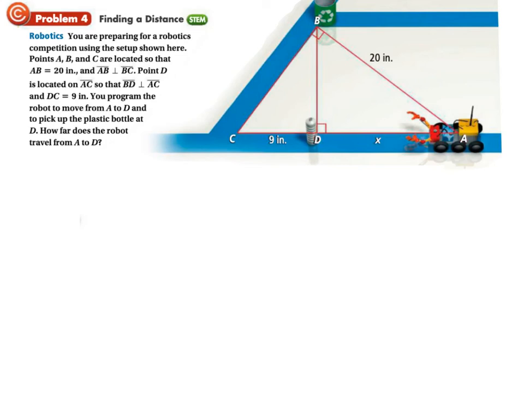Well, puzzling it out, remember when we're dealing with legs and hypotenuses, what we want to use is corollary 2, which is that you take this hypotenuse over this hypotenuse. x plus 9 over 20 equals 20, the long leg of the big triangle, over x, the long leg of the small triangle.